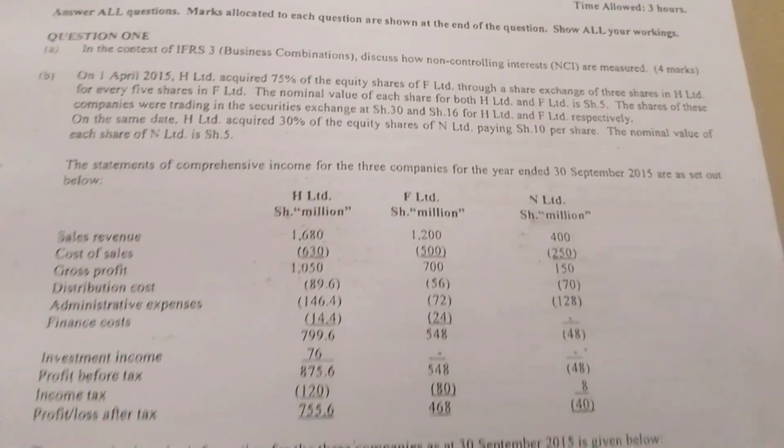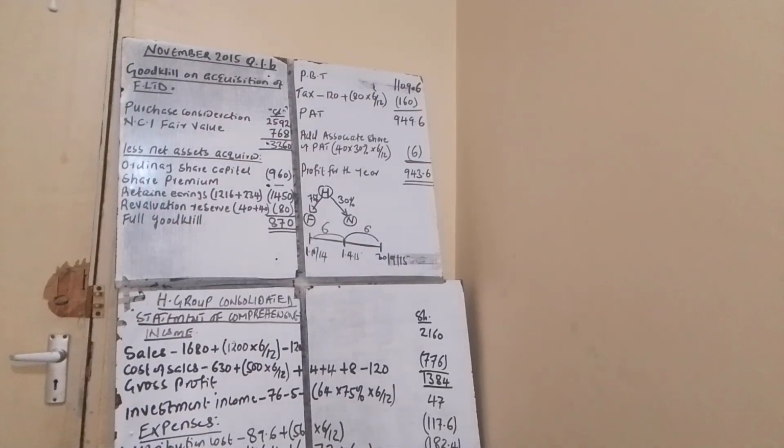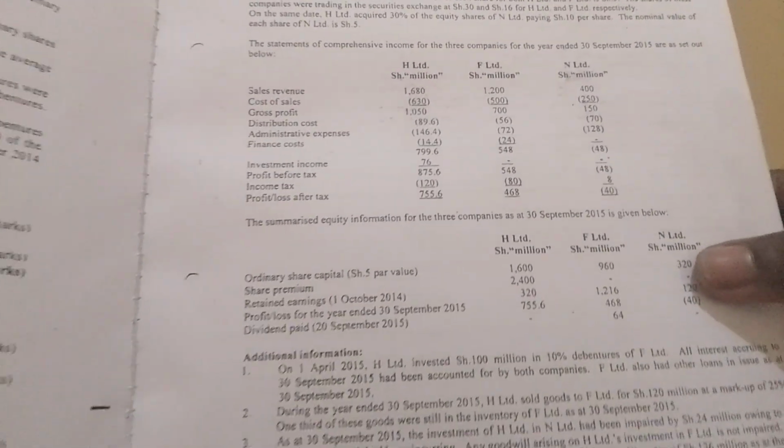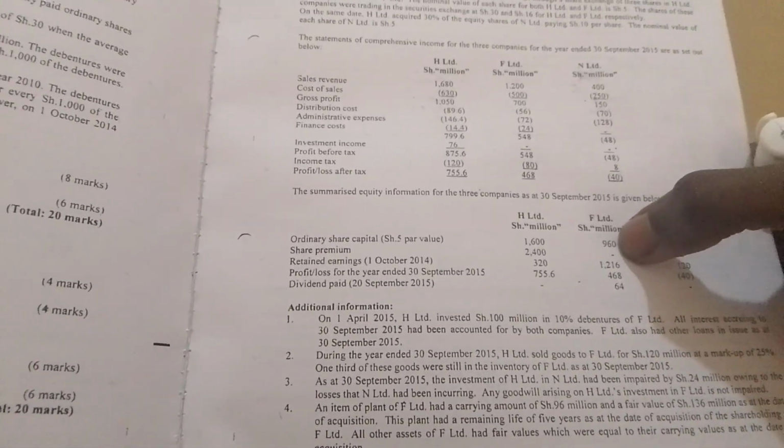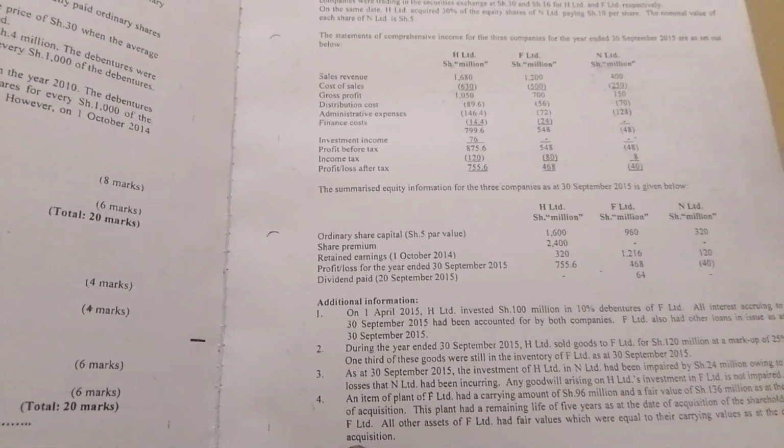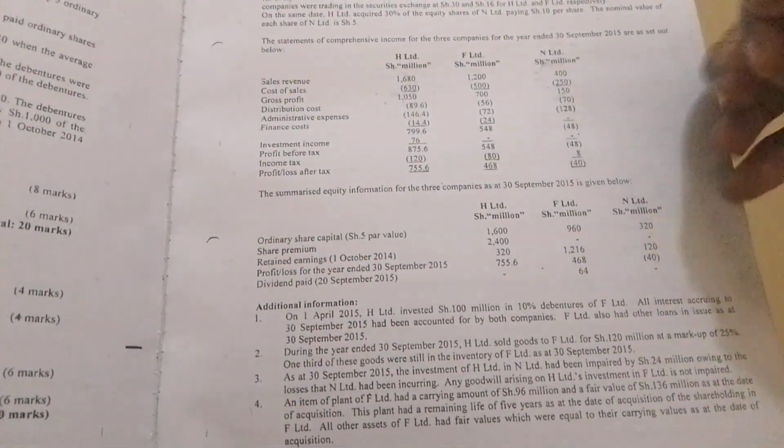So what you do to establish our purchase consideration, realize that we are acquiring a certain percentage of shares, and it is H which is acquiring F. So the first thing is to establish how many shares we are acquiring. If you look at F here, in the summarized equity information for the three companies, you can see ordinary shares.